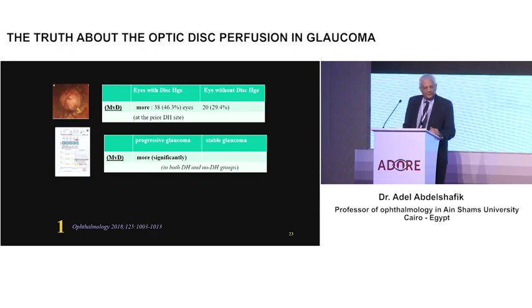The second part of that study showed that cases of glaucoma progression get more microvasculature dropout, significantly higher than stable cases of glaucoma. This progression was found in both groups, with or without disc hemorrhage. Progression is there if there is microvasculature dropout.